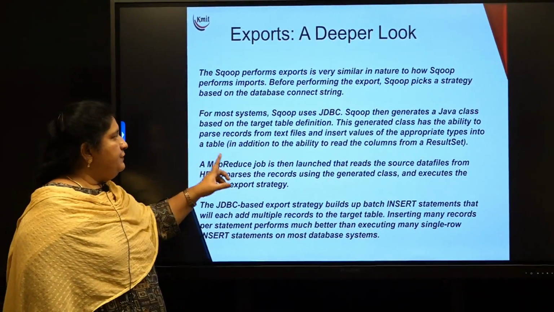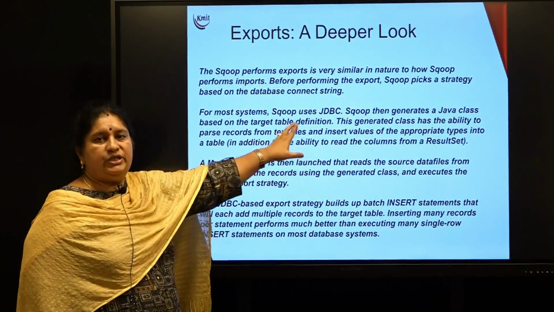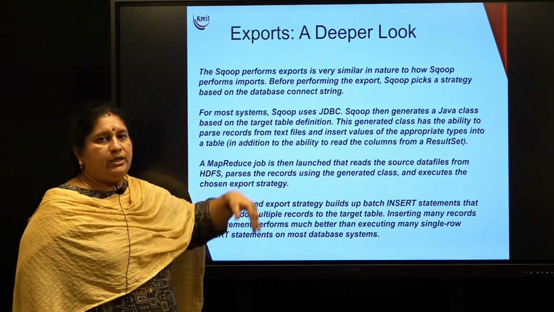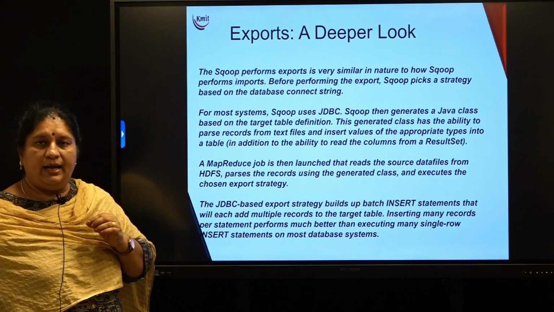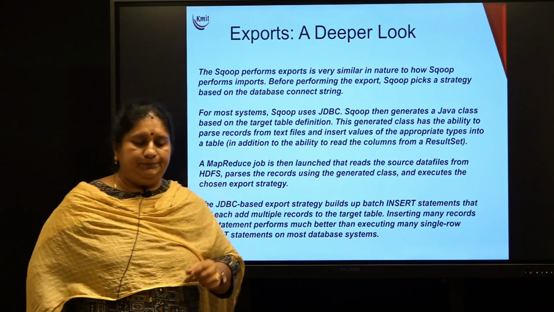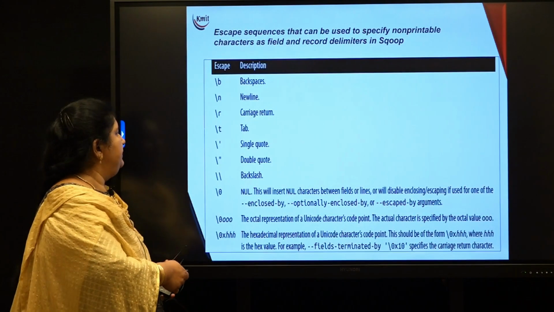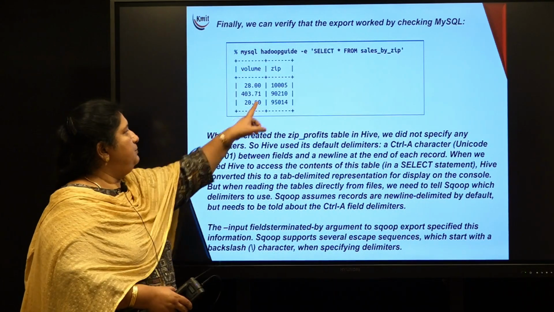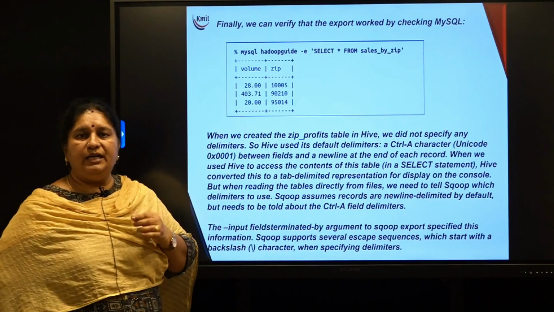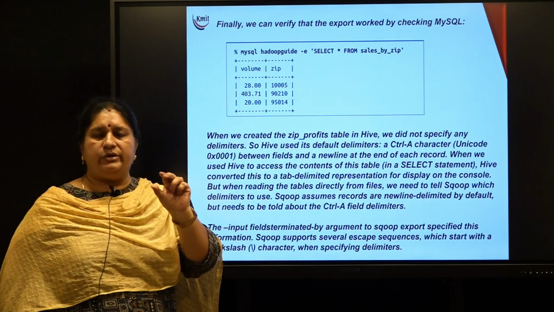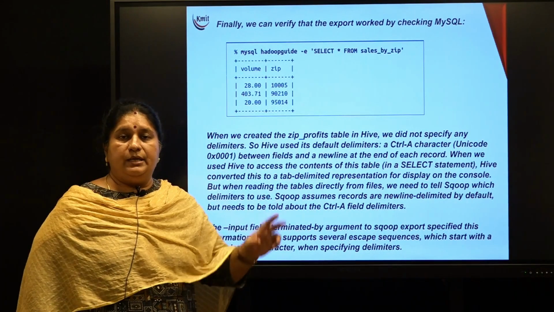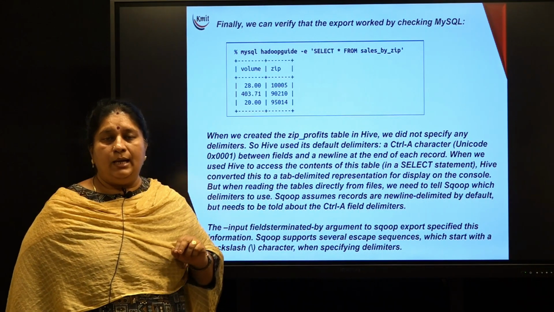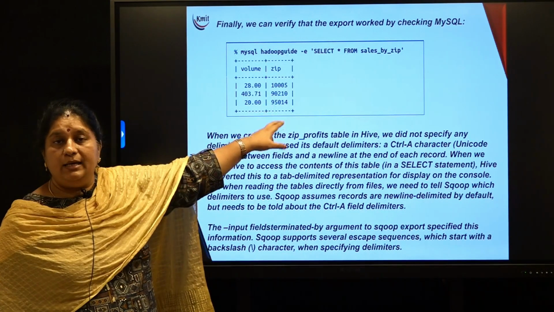For most systems Sqoop uses JDBC, and Sqoop generates a Java class which is needed because, for example, I have stored my text file. For example, the zip code is there. In a text file it will be maintained like a normal string. The string consists of 10005, but the moment it is brought into the table, I have defined the data type to be an integer.